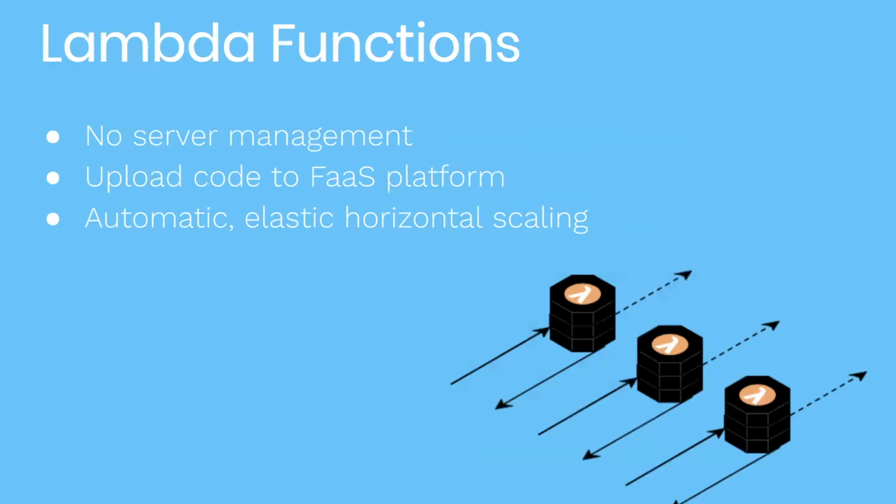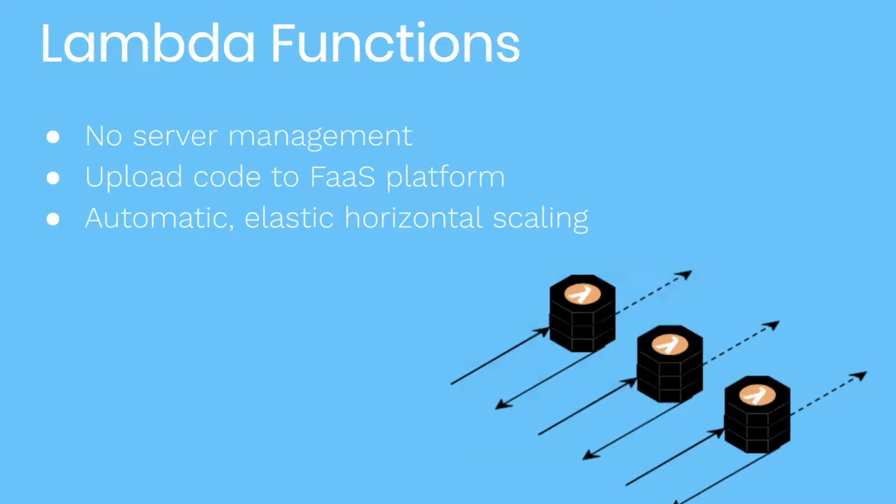With FaaS, your code is run in compute containers, but the provisioning and management of that server power is abstracted completely away by the FaaS platform. All you need to do is upload your code to the platform, and the provisioning and management is completely handled for you, and scaling is automatic and elastic.